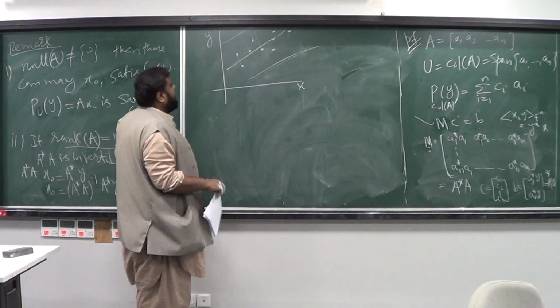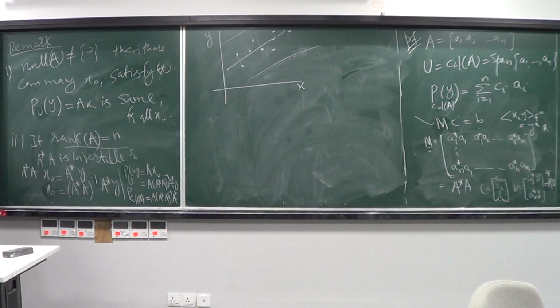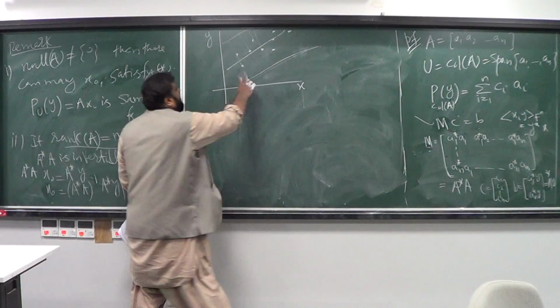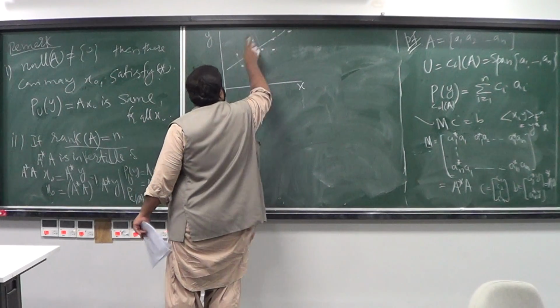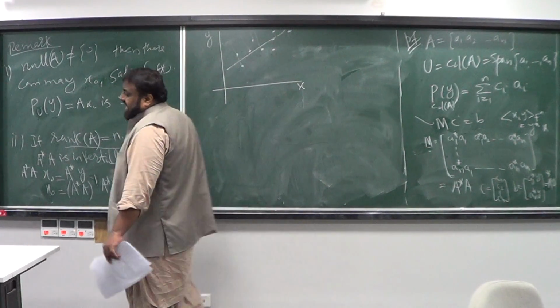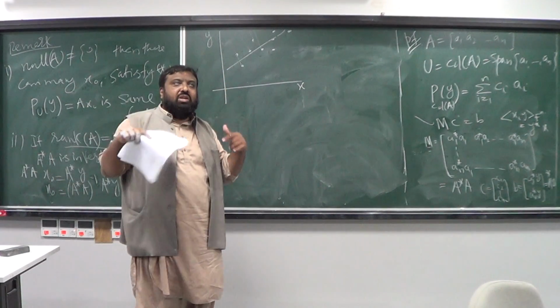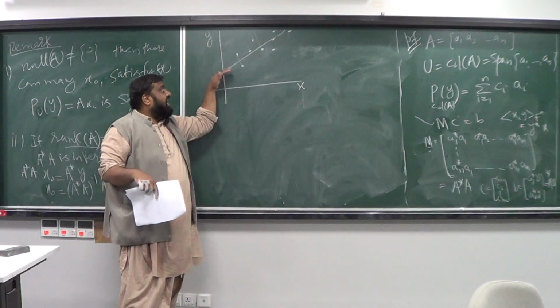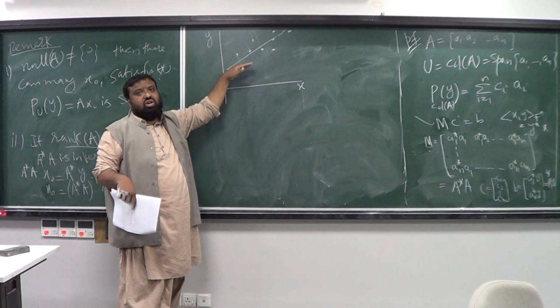As an application of this result, we will formulate a methodology for finding this best fit, for which the distance between these points and the line is minimum. If we have been given these points in the plane, can I find such a line which best fits all these points linearly? What do you mean by best fits? The distance between the points and the line is minimum as compared to all other lines that you draw in the plane.